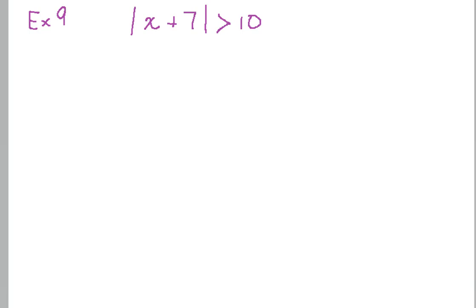So here we go. I have an example here: the absolute value of x plus 7 is going to be greater than 10. When we have the positive side of that, it's real straightforward. We just do x plus 7 and then it's greater than 10.